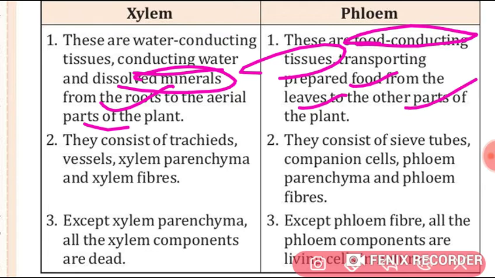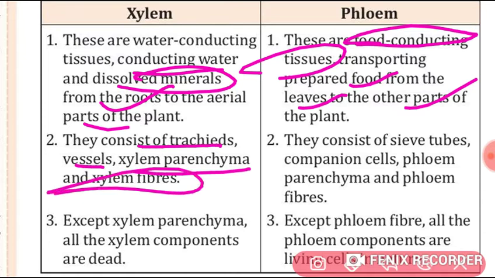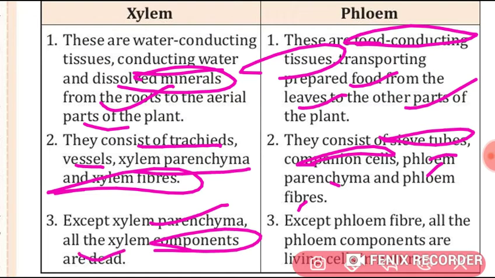of the plant. Again, xylem consists of tracheids, vessels, xylem parenchyma and xylem fibers, while phloem consists of sieve tubes, companion cells, phloem parenchyma and phloem fibers. Students, except xylem parenchyma, all the xylem components are dead.